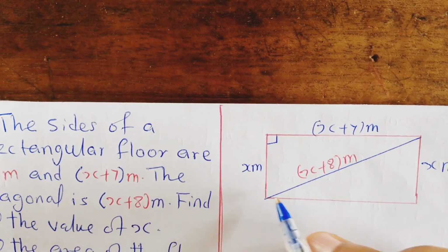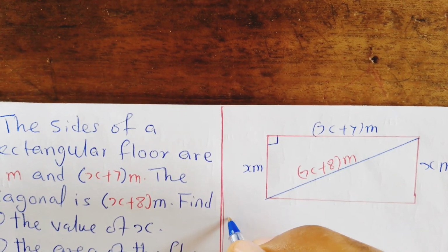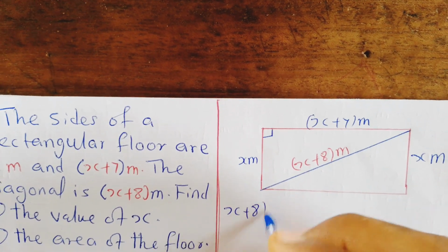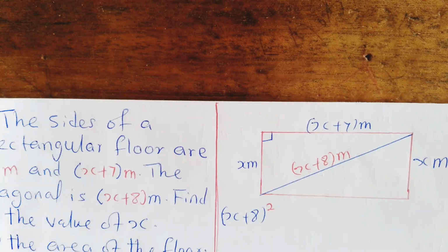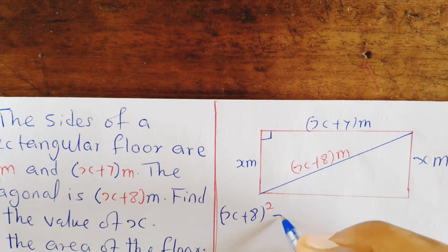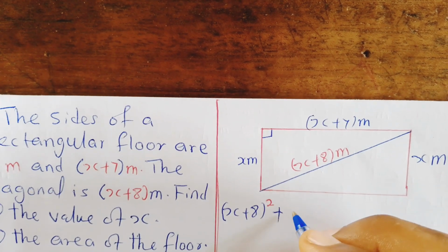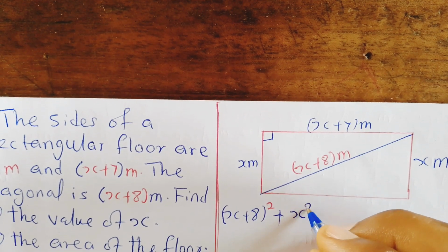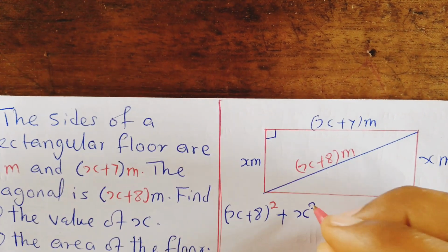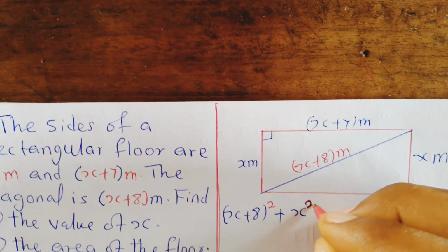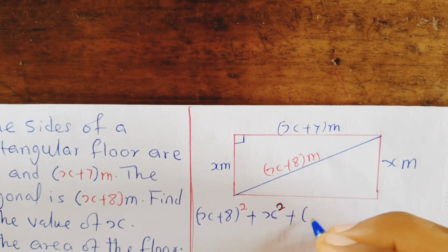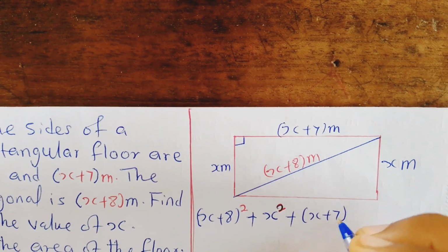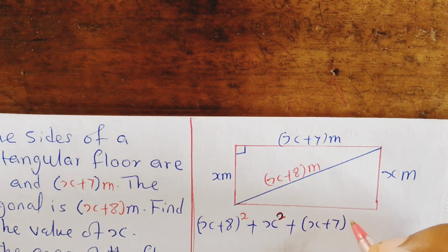So what it means is that the longest side squared, which is x plus 8, all squared, is equal to x squared plus x plus 7, all squared.